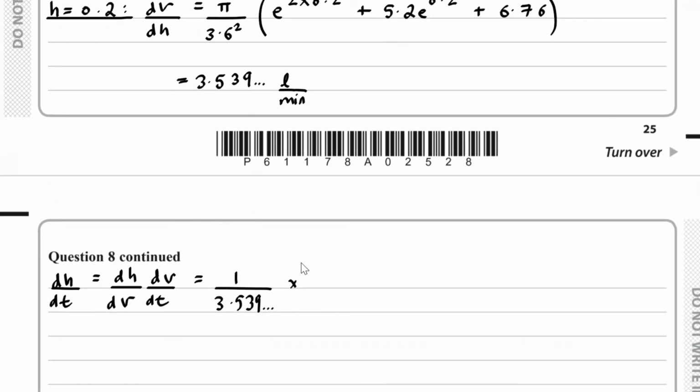So we have 15 over 1000 multiplied by 60.